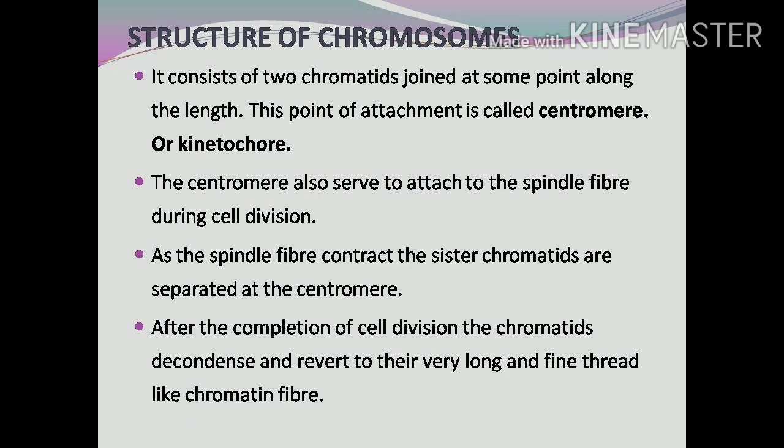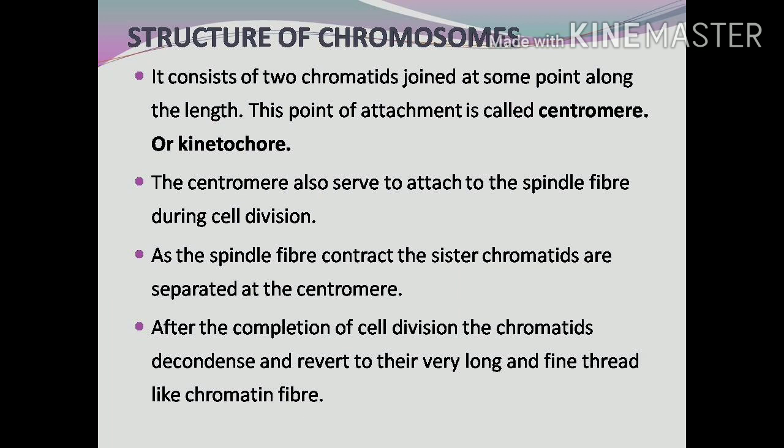Next, structure of chromosomes. Each chromosome in its condensed form, as visible during the start of cell division, consists of two chromatids joined at some point along the length. This point of attachment is called the centromere or kinetochore.